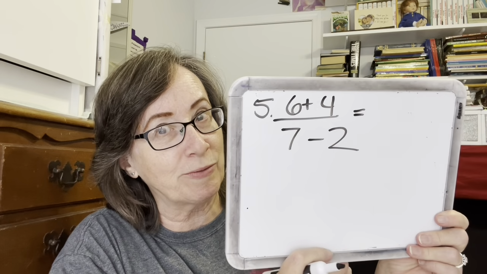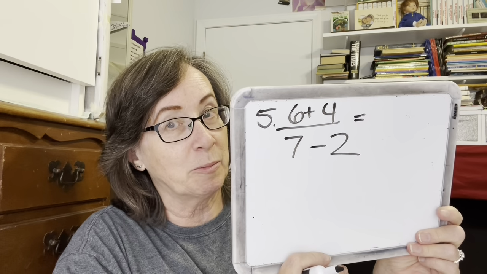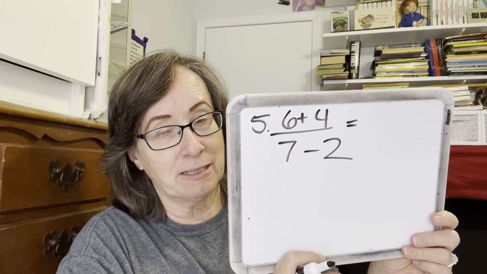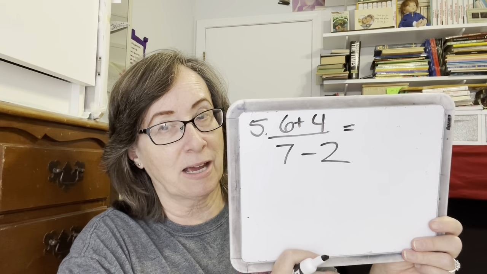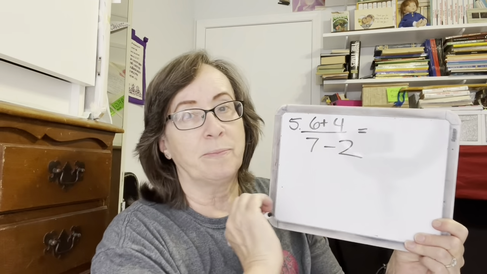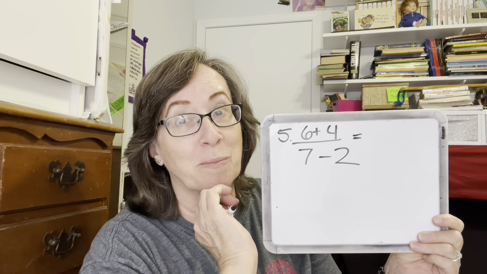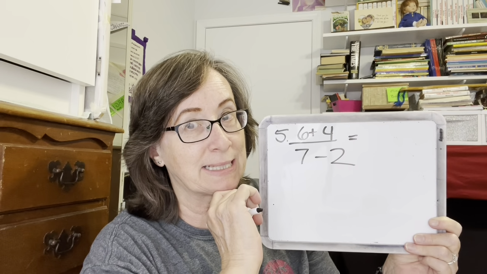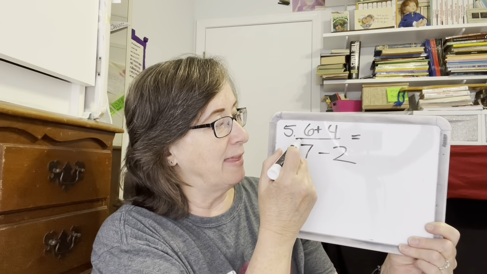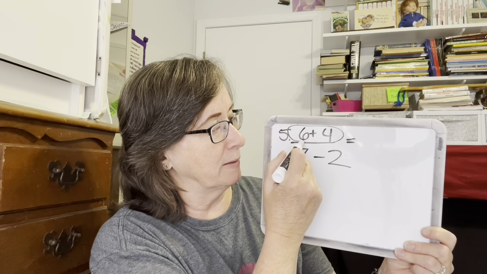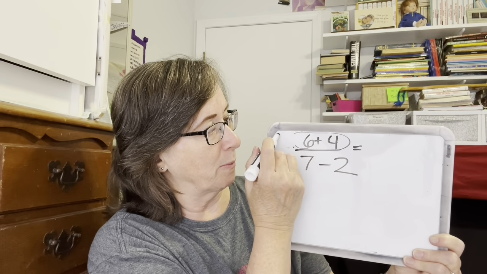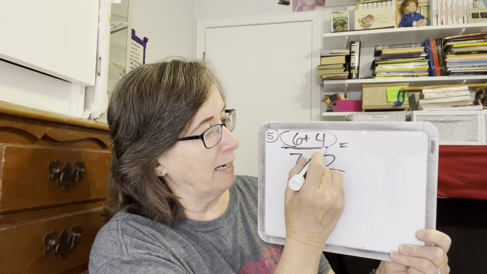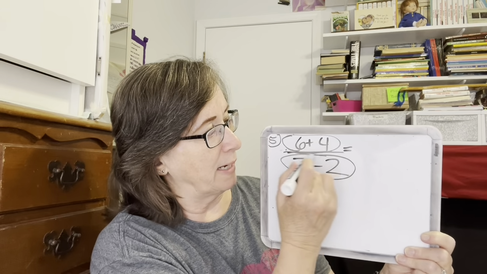Now, this is an order of operations problem. Remember when we were in order of operations, division takes precedence over addition and subtraction. But division was also used as a grouping symbol. So basically, this numerator is divided by this denominator.